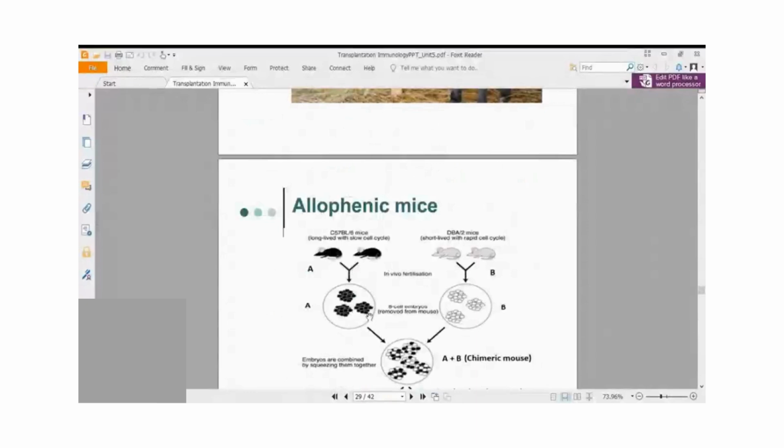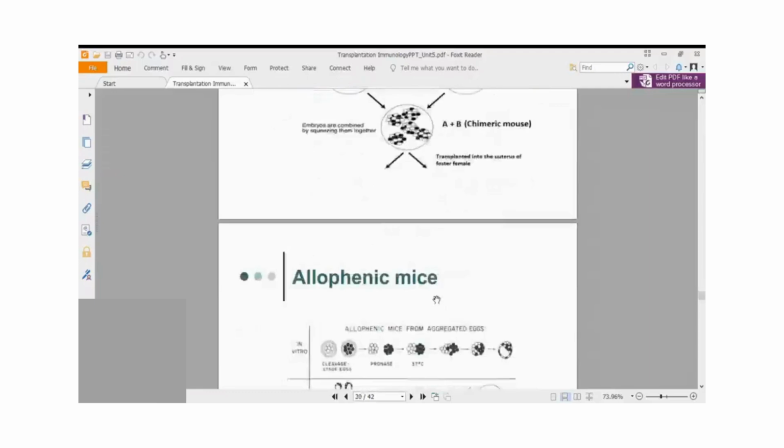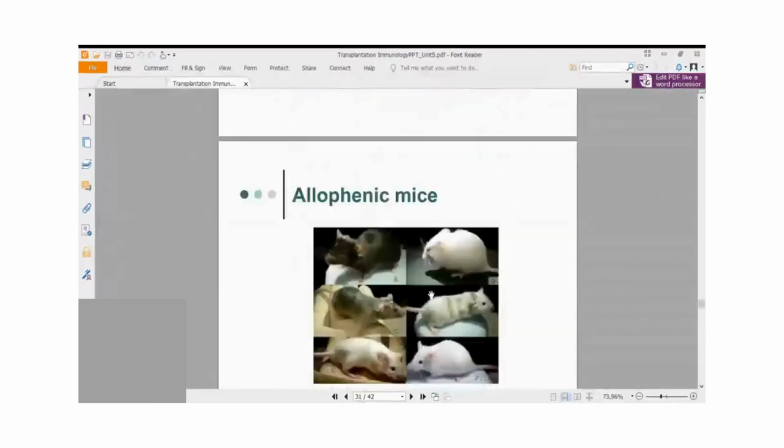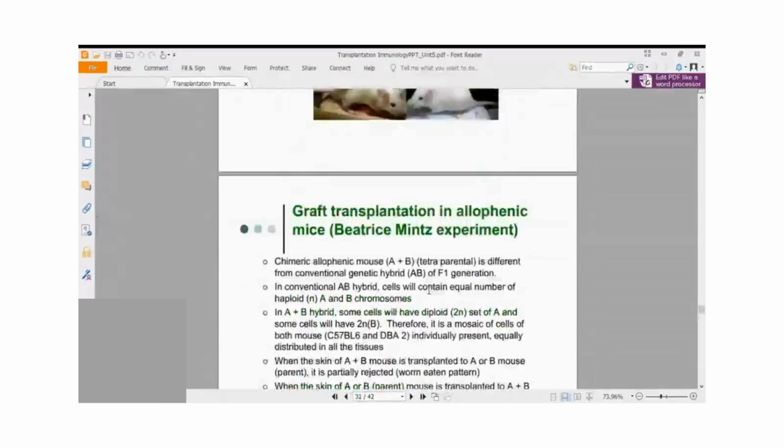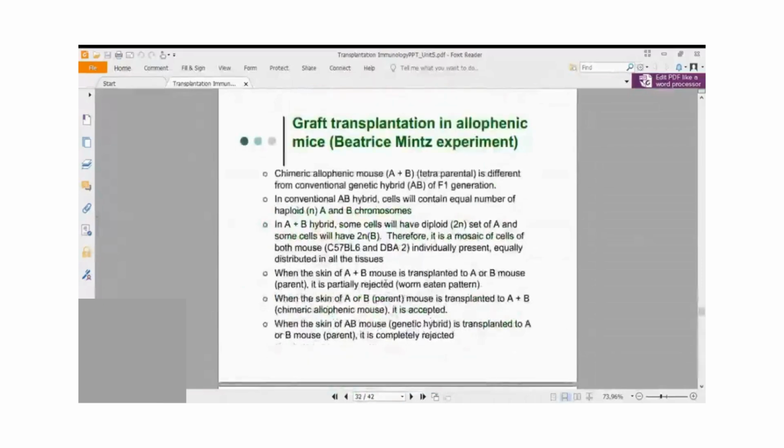And the tetraparental blastocyst will have the genetic constitution of these two parents, plus the genetic constitution of these two parents. And that allophilic mice will accept the graft of both the parents. So that is what is called tolerance to the different genotype. How was it induced?